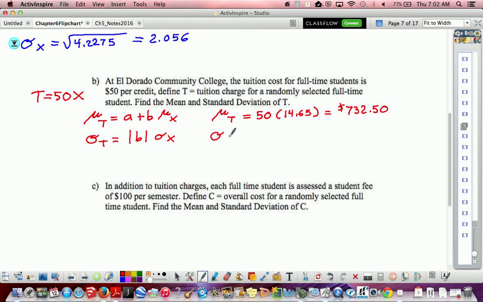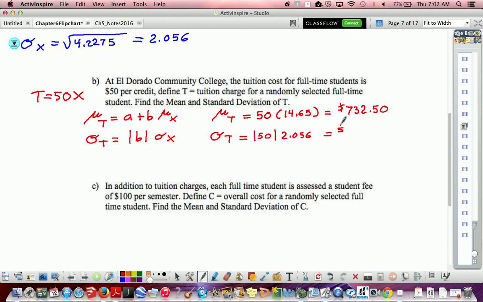So in our case, the standard deviation of T, 50 times the absolute value of, whoops, I apologize. 50 should be in the absolute value. The absolute value of 50 times 2.056. So absolute value of 50 is just 50.